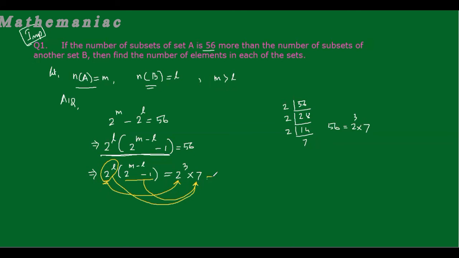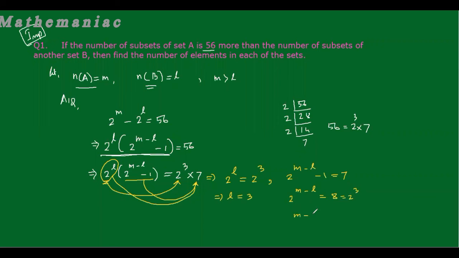So this is going to indicate us what? 2 to the power L is equal to 2 to the power 3, and 2 to the power m minus L minus 1 will be equal to 7. Now from here you can get L equal to 3, and here now you can go on putting the values. 2 to the power m minus L is equal to 8. 8 means 2 to the power 3.